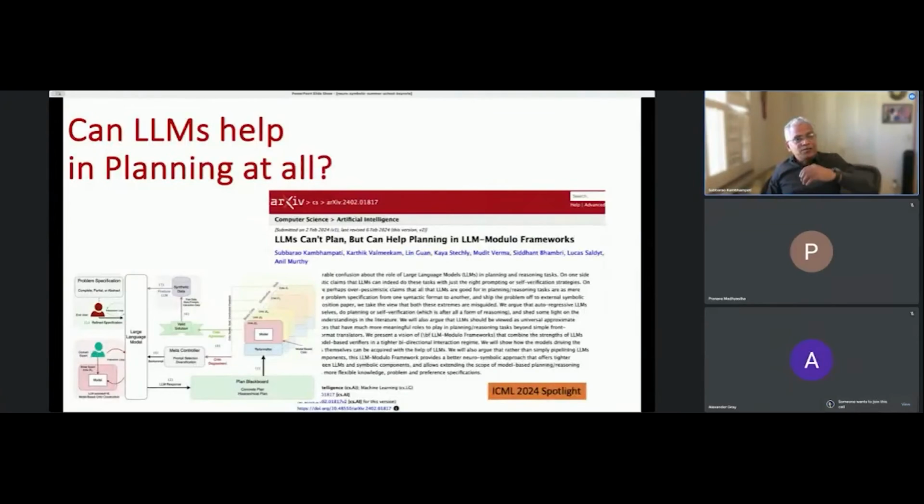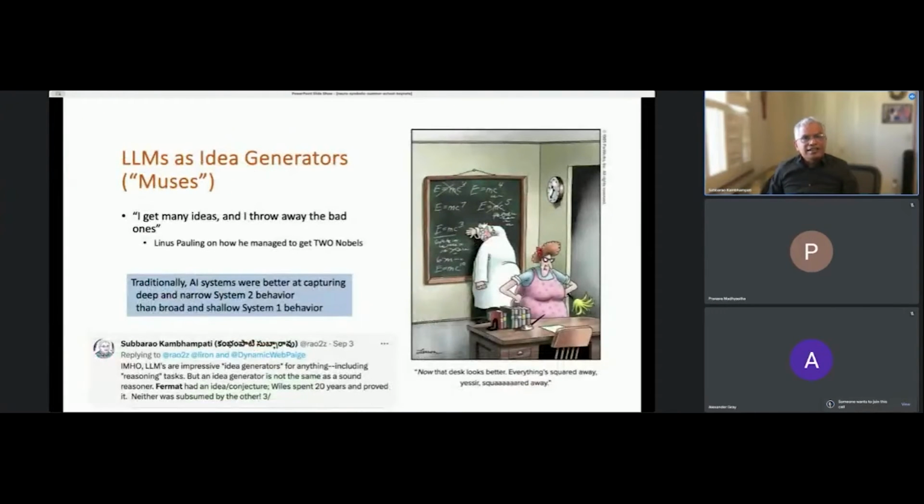But that comes to the more interesting part, which I have some time to talk about, which is, can LLMs help in planning at all? They're bad at autonomous modes, but can they still be helpful? It turns out LLMs are great idea generators, muses. As I said, traditionally, most other AI systems have been good at capturing deep but narrow System 2 behavior.